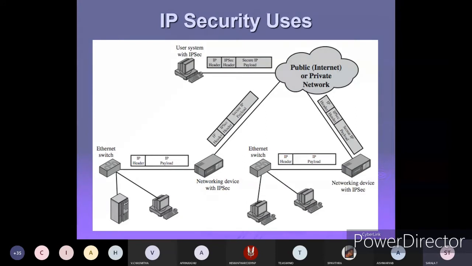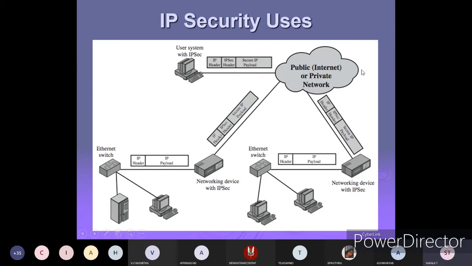You can see the IP security uses. If I show a user system with IP security, whatever data we want to transmit will be a payload. The secure IP payload will have an IP security header added, and an IP header added, for the data transmission to the public or private network of the internet.